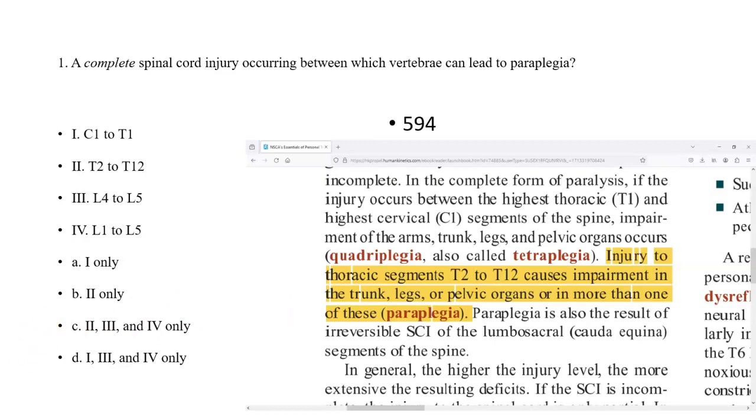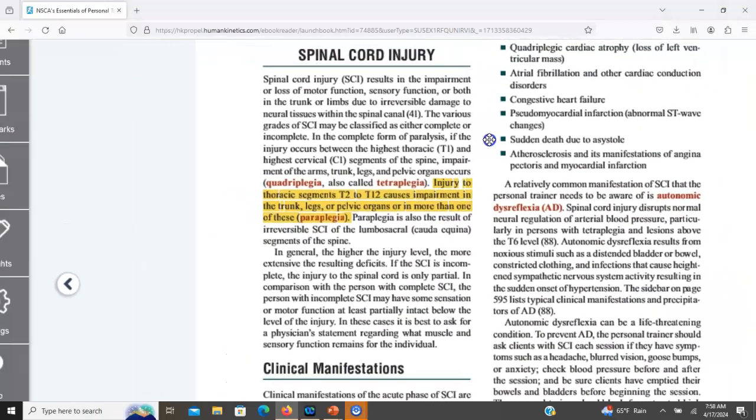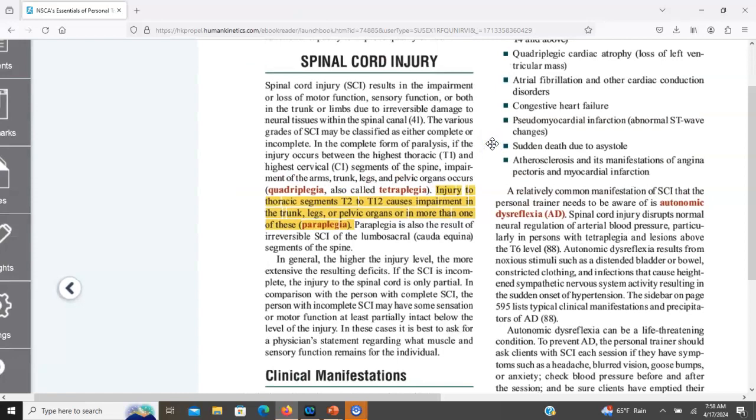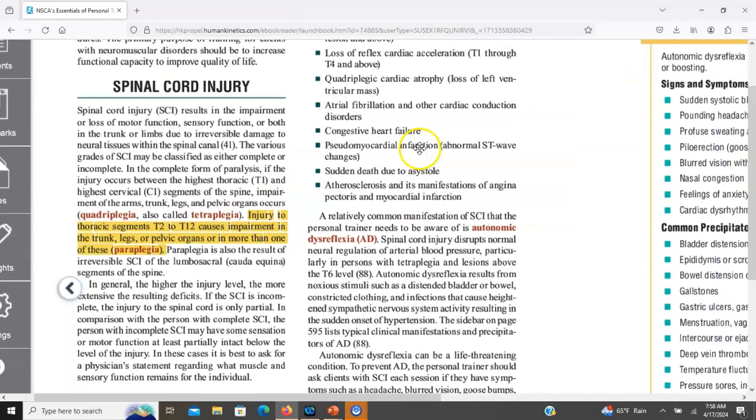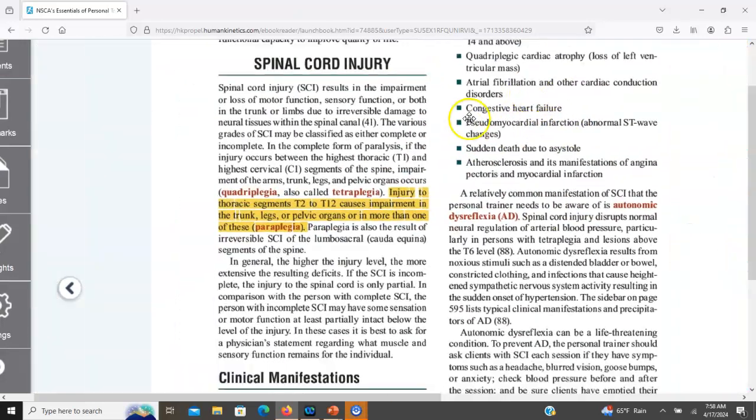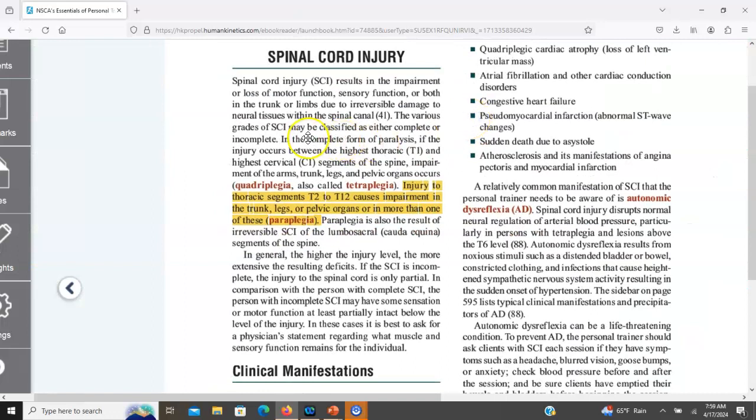But if you actually look at this paragraph in the book, you kind of have to read through the whole thing in terms of paralysis.